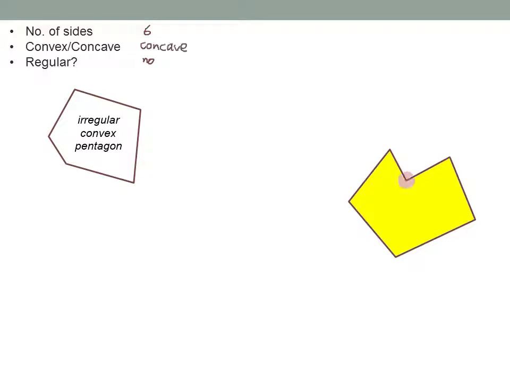But one of these vertices points into the centre of the shape. The internal angle at this vertex is greater than 180 degrees. It's a reflex angle. So this shape is concave. It's an irregular concave hexagon. In fact, you can just call it a concave hexagon because concave polygons are always irregular.